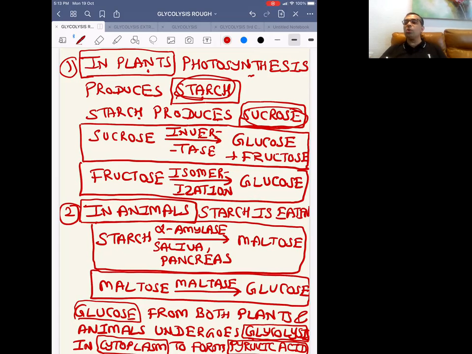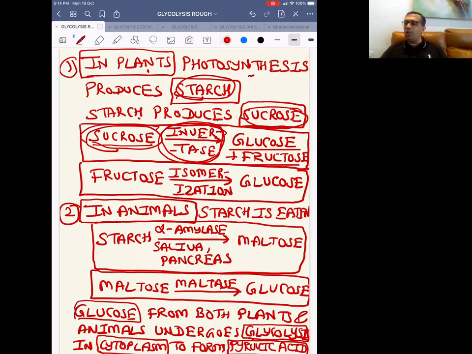And sucrose, in the presence of an enzyme called invertase. You remember I have taught you in the digestion also. Sucrase is called invertase. So plants में sucrose is broken down by invertase to form glucose and fructose.